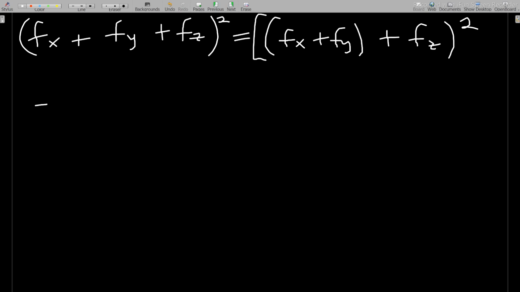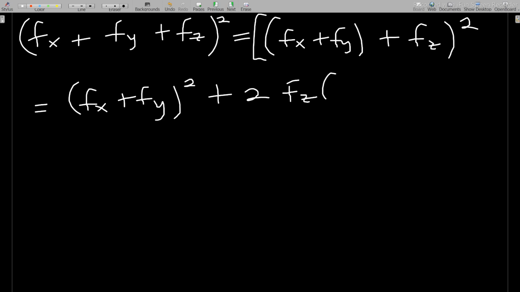Now this will be equal to (fx plus fy) squared, in expansion of two terms, plus 2 fz (fx plus fy), plus fz squared.